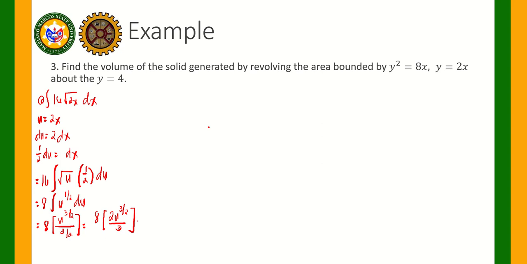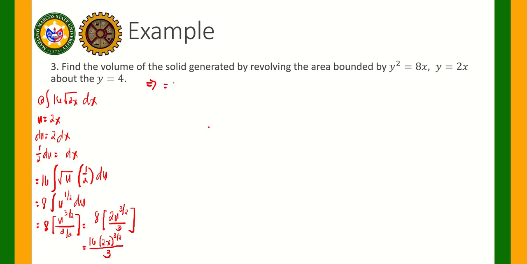So, this is equal to 8 times 2, or multiply na natin si 8 dito. That will be equal to 16 times 2x raised to 3 over 2 all over 3. So, that is the integration of the last term. Now, combine na natin lahat.